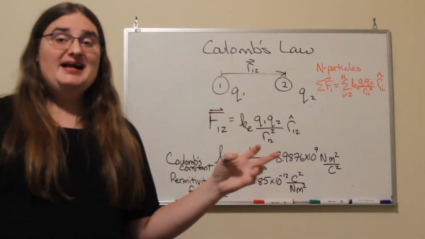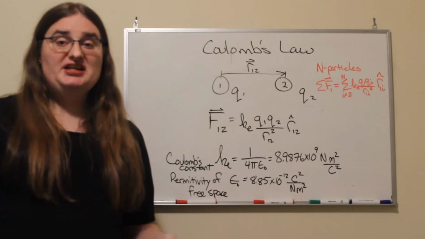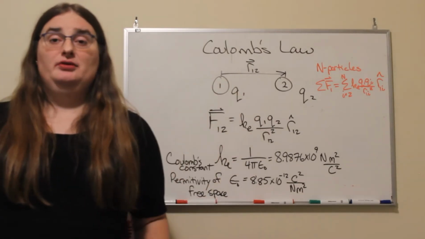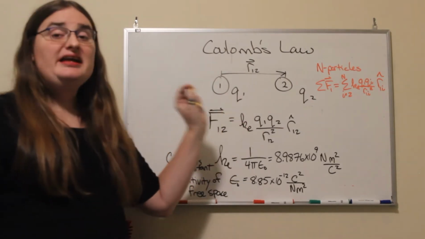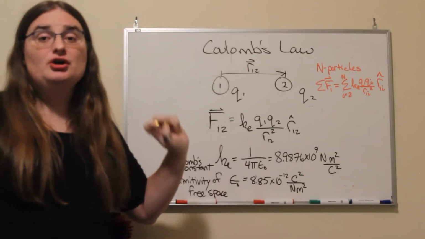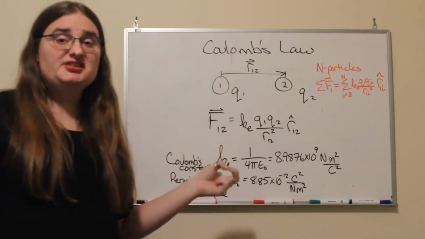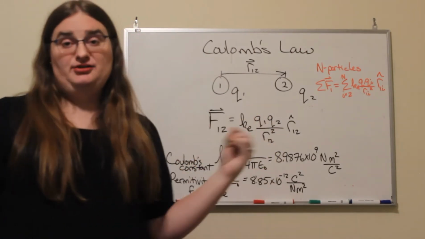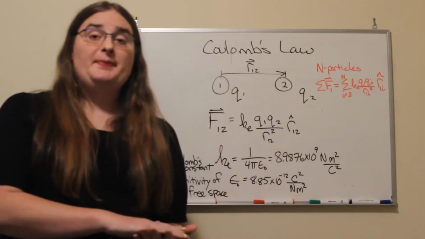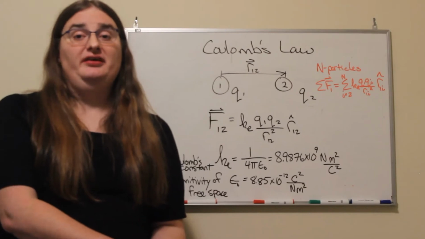And mass attracts other mass gravitationally, which means the gravitational force is always attractive. The electrical force can be attractive if we have opposite electrical charges, or can be repulsive if we have like electrical charges. So that's probably the biggest difference between electricity and gravity.